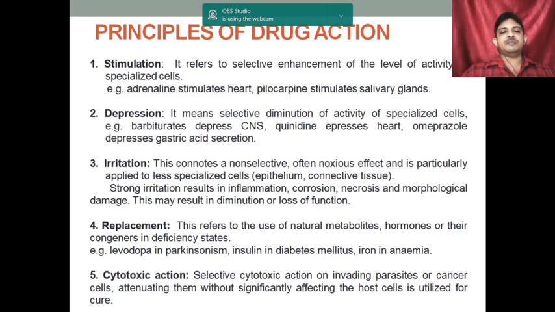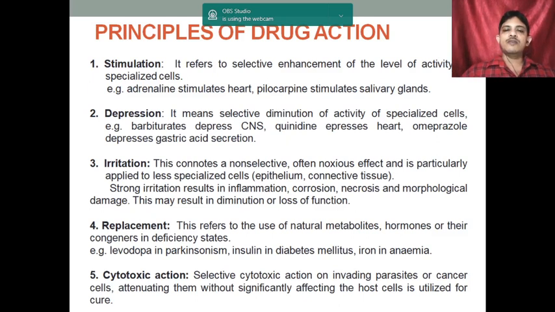Next is replacement. Replacement means that some endogenous substances already present in our body play an important role in maintaining our health. For example, hematinics like iron, vitamin B12, and folic acid are important for the generation of RBCs. Insulin regulates the blood sugar level.